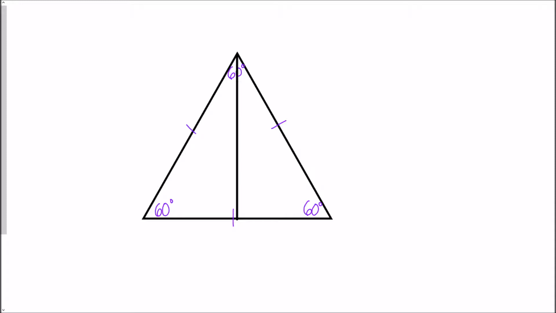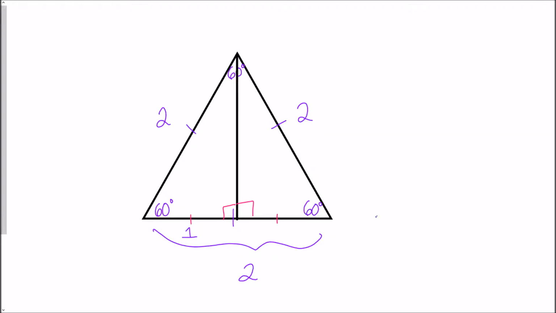So now I have two separate triangles, and because I have an altitude and it was an equilateral triangle, I get two right angles, and this side is congruent to this side. Okay, now I want to say that this side right here is 2, which means that this side is 2, which means that this full length here is 2. If that's the case, then this side here by itself is just 1.